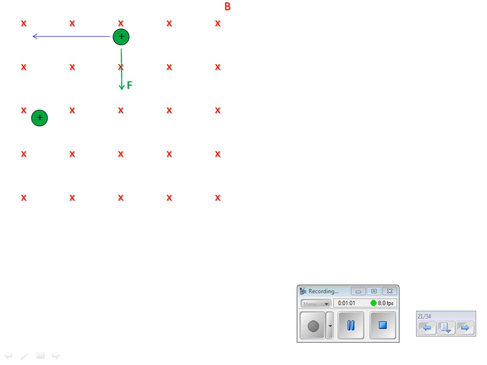Now when we get here, velocity is downward. Do your right-hand rule again, thumb down, fingers in, force now to the right, and we get maybe some motion like this. You keep this pattern going. Now it's going this way, force inward.